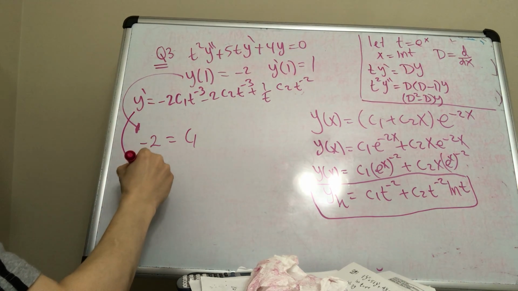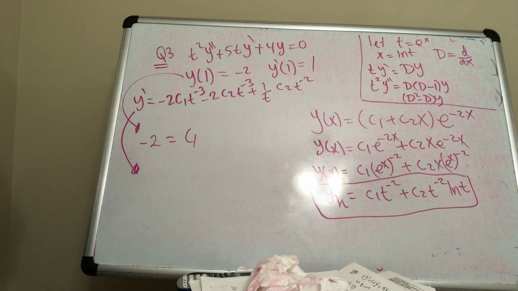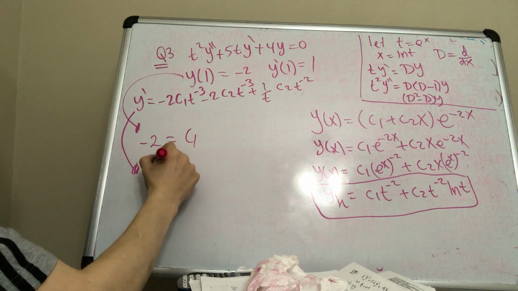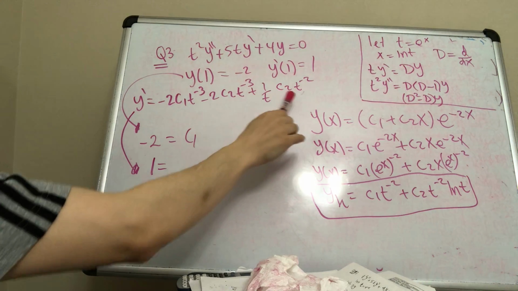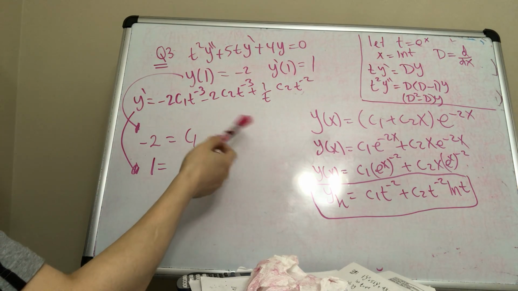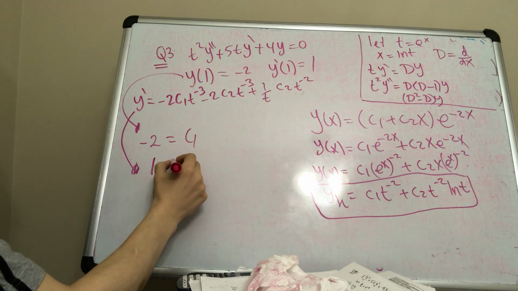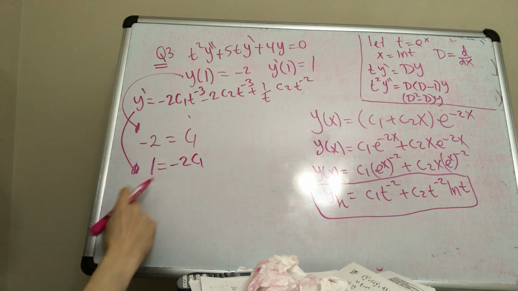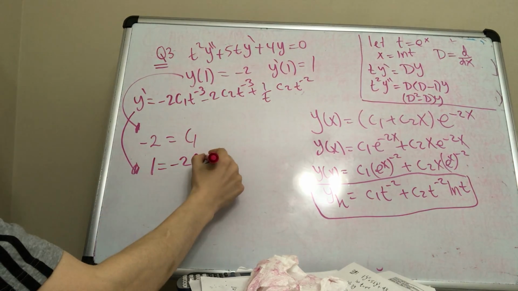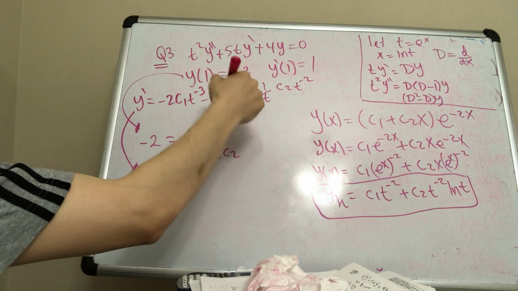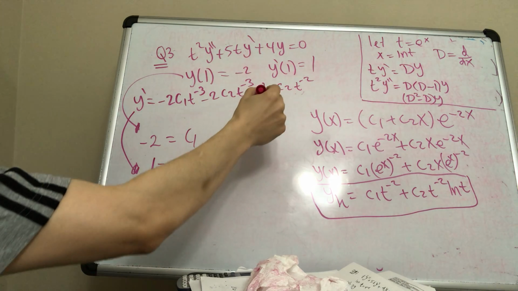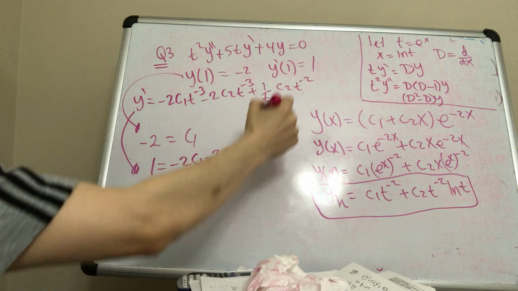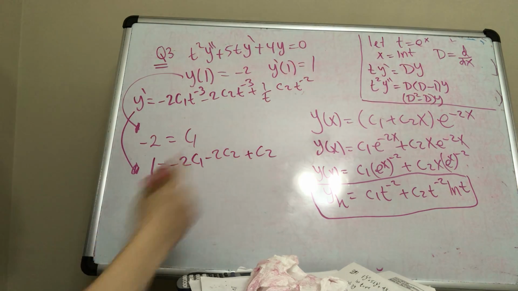Now I use this condition here. The answer is 1 if you plug 1 everywhere. Okay, just plug 1 everywhere. 2c1, 1 to any exponent is 1. 2c2 times 1 to any exponent is 1. And 1 and 1, they cancel each other, leaving c2 eventually.